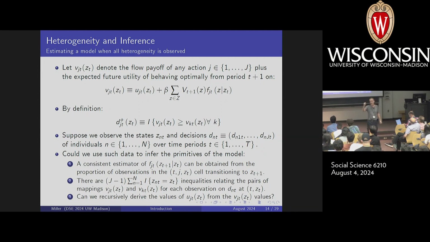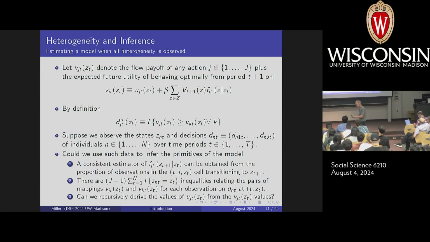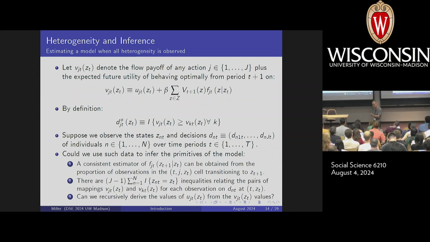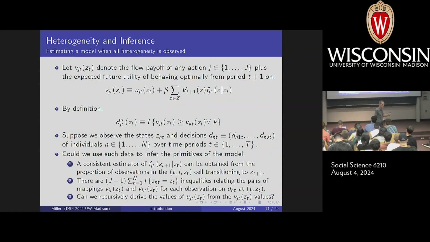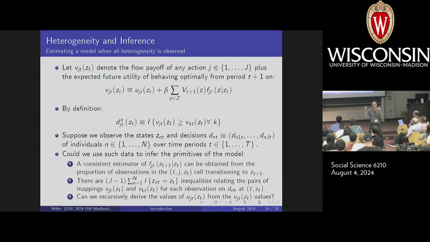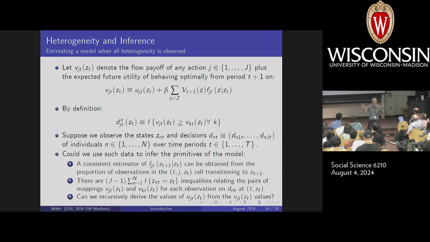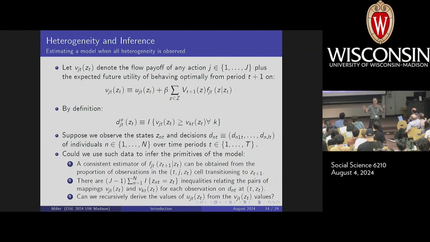Let's go to the case in which everything that's relevant to the people is observed by you. No unobserved heterogeneity at all, no epsilons, okay? Everything is observed. Perfect data set given the model, all right?